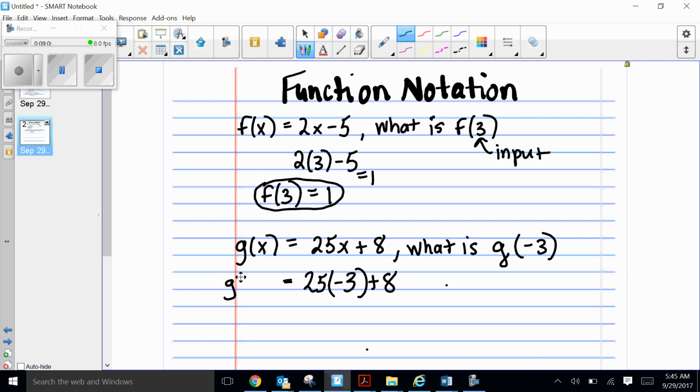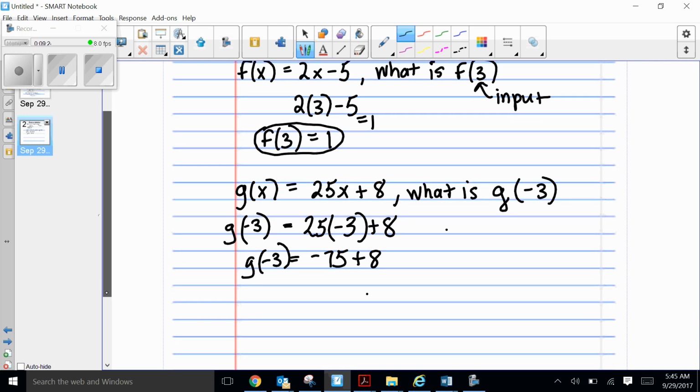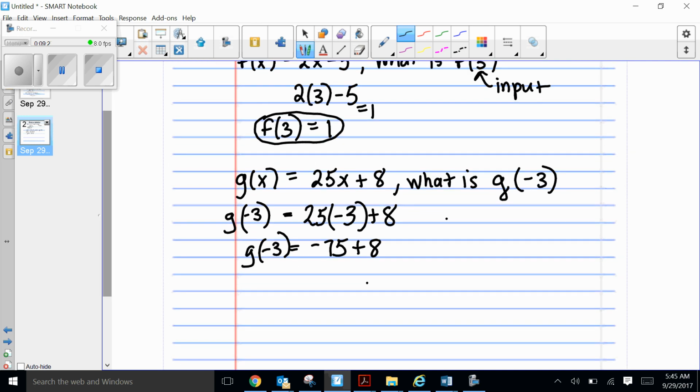This will give me g of negative 3. 25 times negative 3 is negative 75 plus 8. Negative 75 plus 8 is going to give me negative 67. So g of negative 3 equals negative 67.